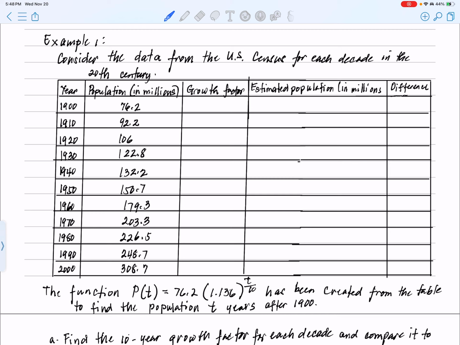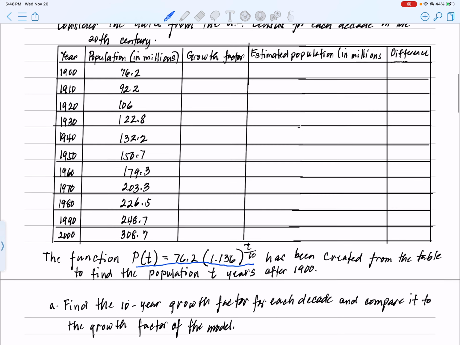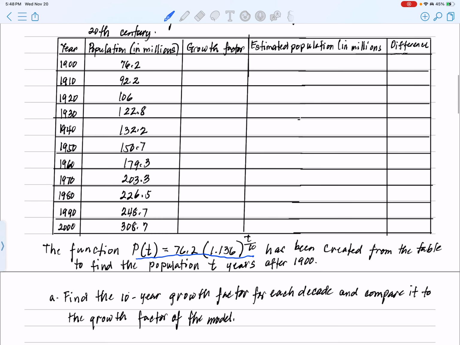Until 2000, we have 308.7 million. The function P of t equals 76.2 times 1.136 to the power of t over 10 has been created from the table to find the population t years after 1900.